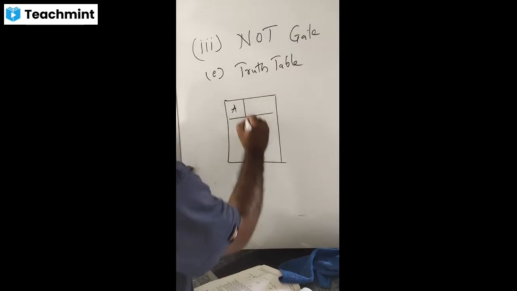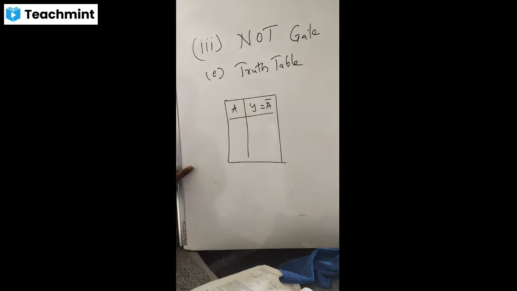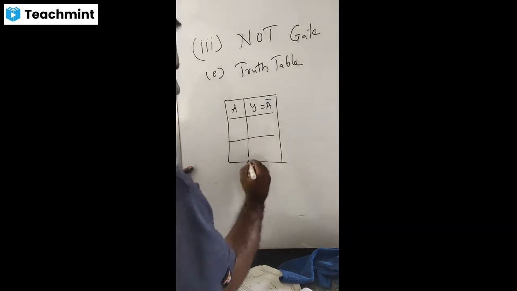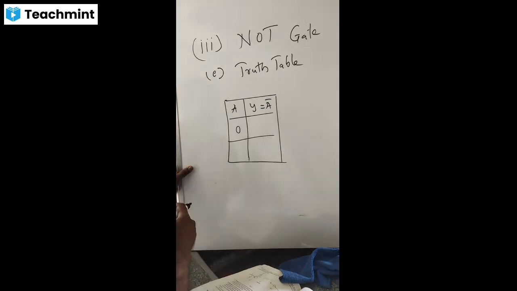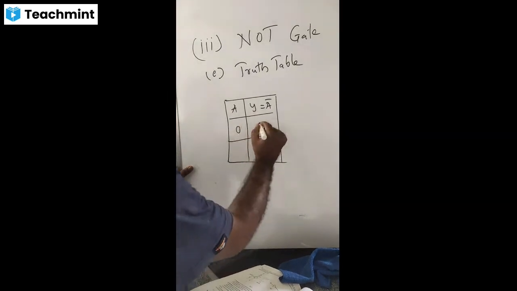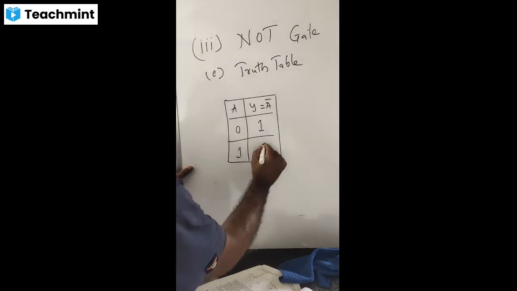A, y equal to a bar. So only two possibilities. Once you put a equal to 0, the lowest value, the opposite of it should come, a bar. When you put the high value, you are going to get 0.